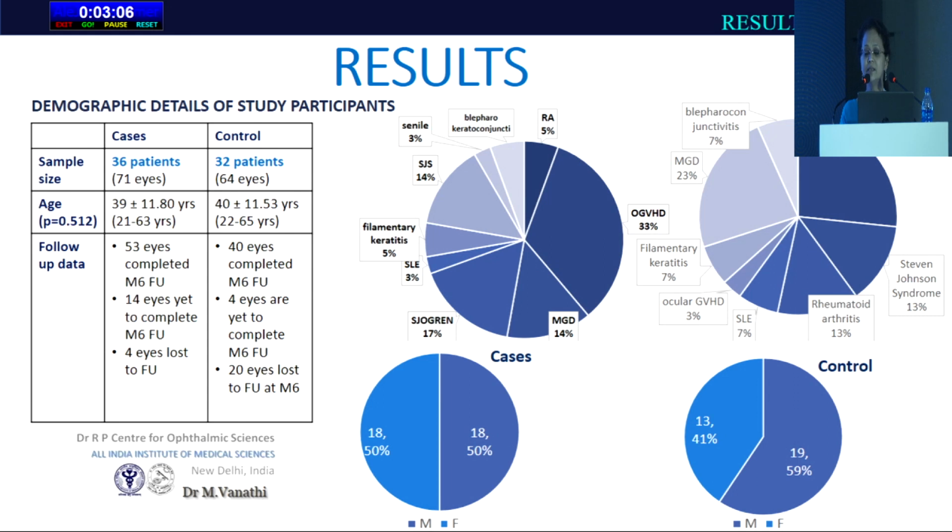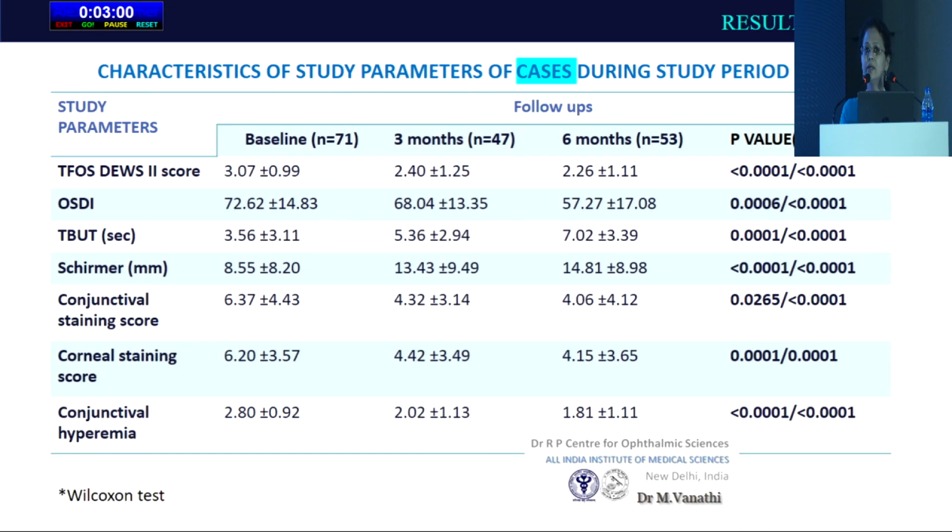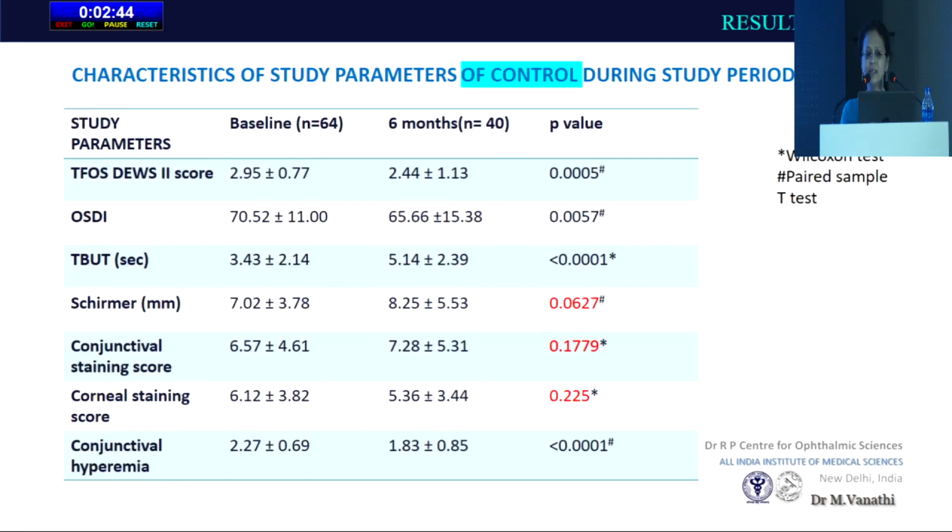Demographic analysis shows that the cases and controls were age and gender matched. Looking at all the study parameters of ocular surface evaluation, namely the DEQ-5 scores, the OSDI, Schirmer's, staining scores, and hyperemia scores, all showed a statistically significant improvement over the study period, evaluated at 3 months and 6 months, compared with the controls.